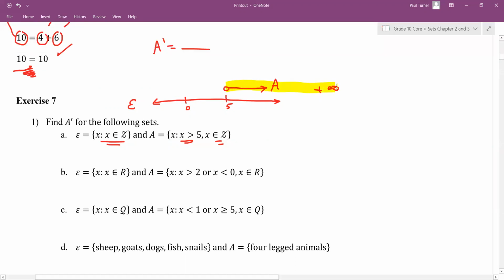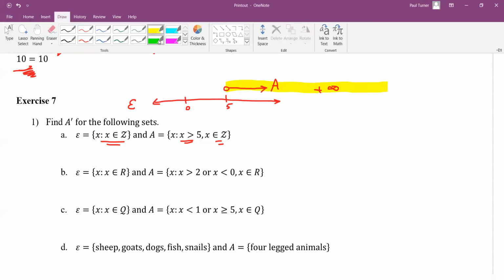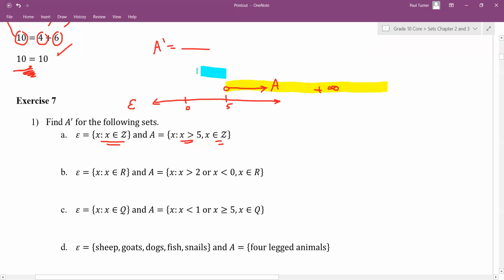All numbers in A going that way. So where is not A? If this is A, isn't not A in the other direction? This would be not A here, because you're either in A or not in A. You can't be anywhere else. And your universe is all the integers along here.